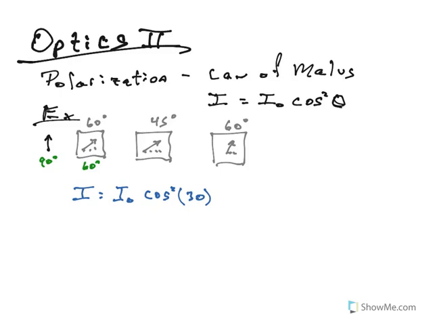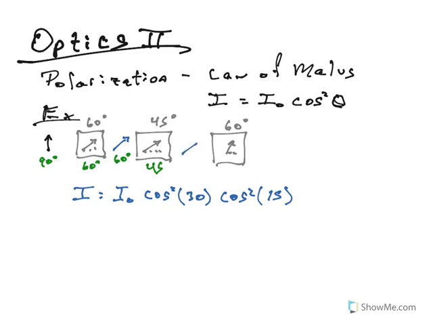Now, once I've gotten through that, I'm now light which is at 60 degrees, and I'm going to try to get through this 45 degree polarizer. So again, I'm going to get another cosine squared because I'm going through another polarizer. Now this one's angle: I'm at 60, and I'm trying to get through 45, so 60 minus 45 gives me 15.